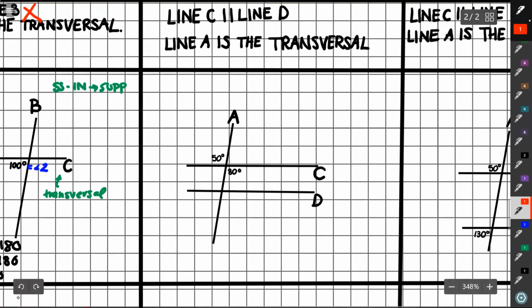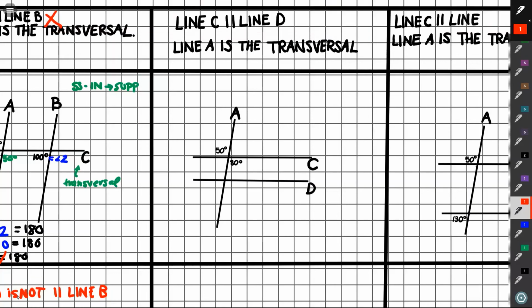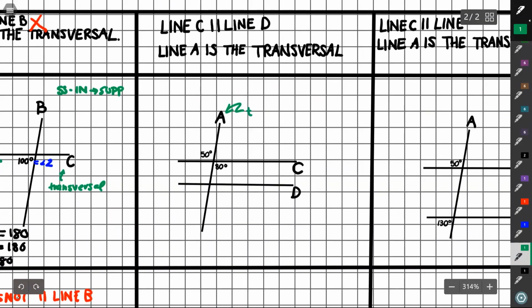In this second example, I set it up so that line C is parallel to line D and line A is my transversal. Here I have the numbers 50 and 80, so we're going to have to apply our properties of linear pairs, because we know that linear pairs are true even if our lines aren't parallel. If this is 50, this angle here would have to be 130.